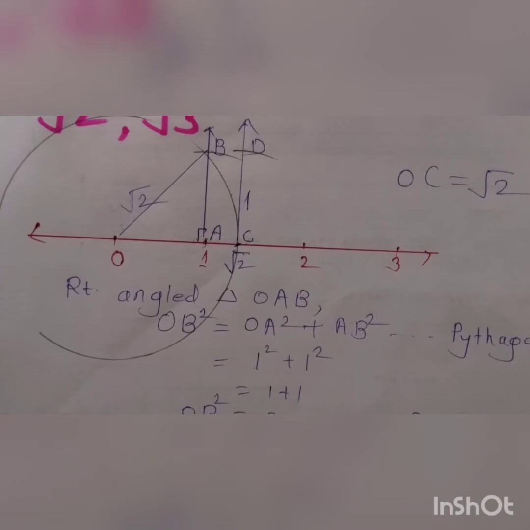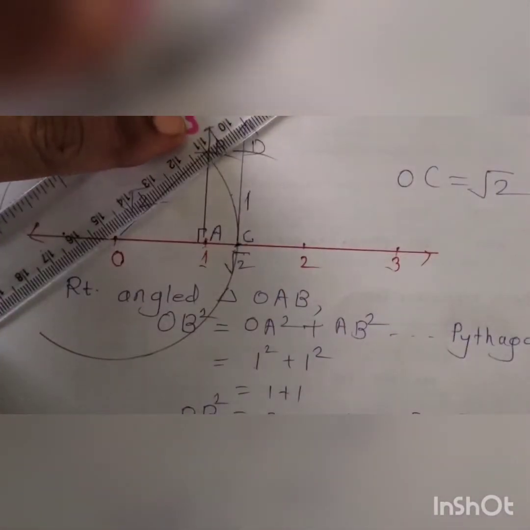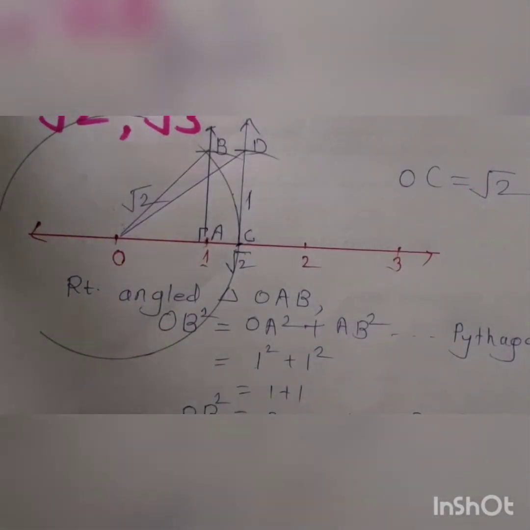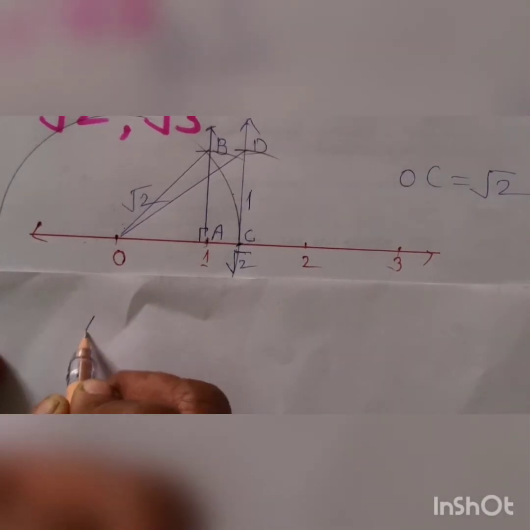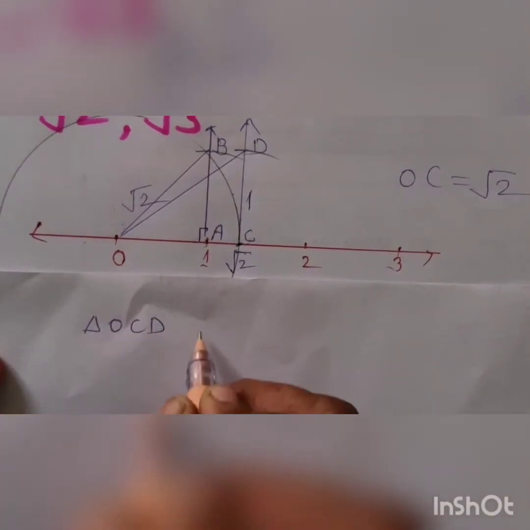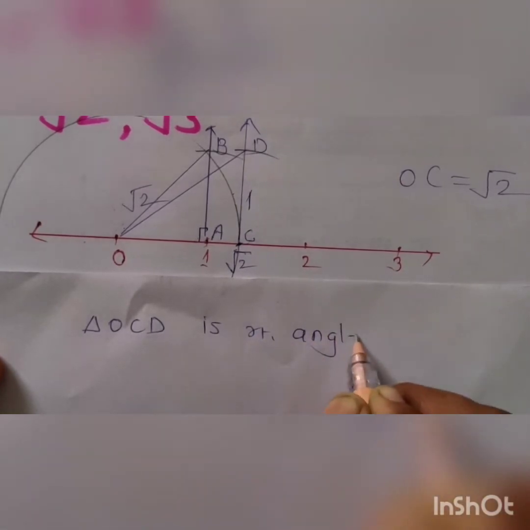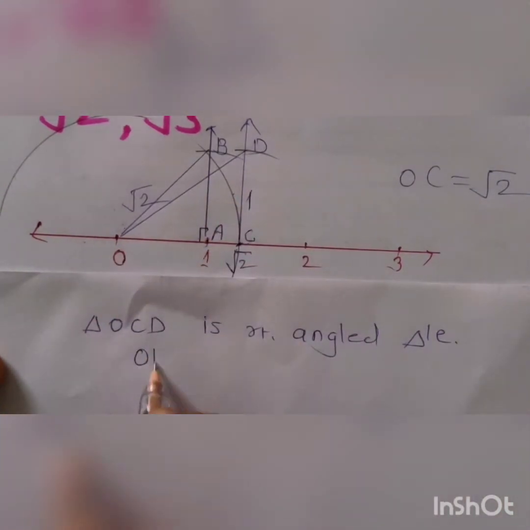Means here when we join this OD, now I am joining this OD, see. Now the right angle triangle becomes OCD. Triangle OCD is a right angle triangle. Again applying Pythagoras, OD is the hypotenuse.